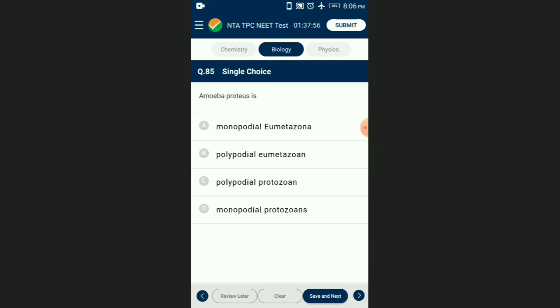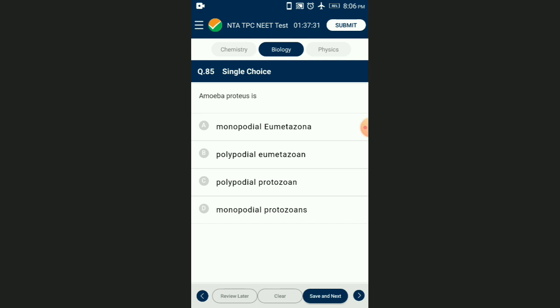Question number 85. Amoeba proteus is. Amoeba proteus is an amoeba related to another genus of giant amoeba, Chaos. It utilizes pseudopodia to move and eat smaller unicellular organisms. Pseudopodia are finger-like temporary structures which are composed of both ectoplasm and endoplasm.